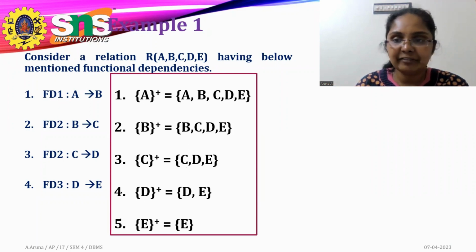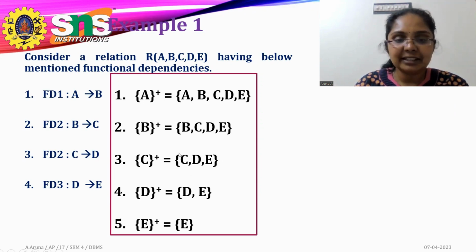By using the trivial inference rule, we are able to write it, so that we're going to write over here. Then, is there any other attribute we can derive? Yes, by using C, we can derive the value of D. So that we're going to add over here. By using D, we can derive the value E.